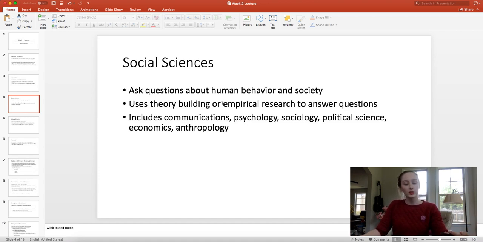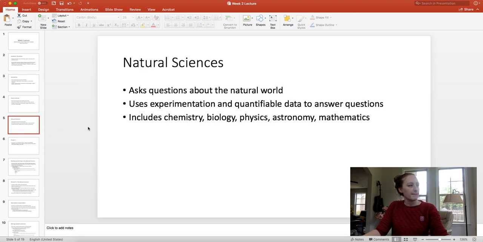They want actual data to study these things. Some narrower fields that fall under the social sciences include communications, psychology, sociology, political science, economics, and anthropology. Each of these disciplines is investigating human behavior in society.